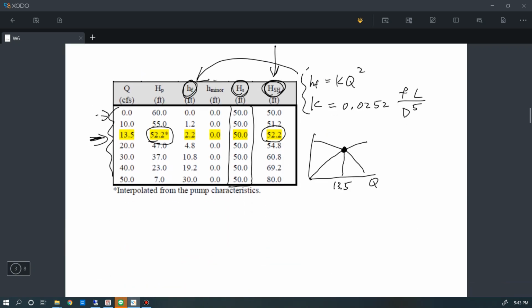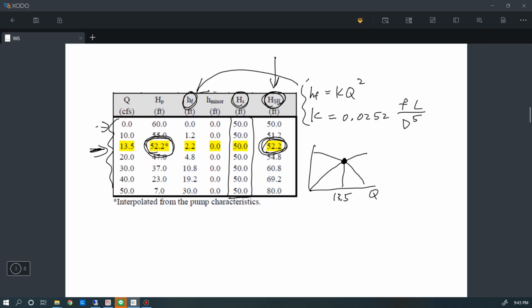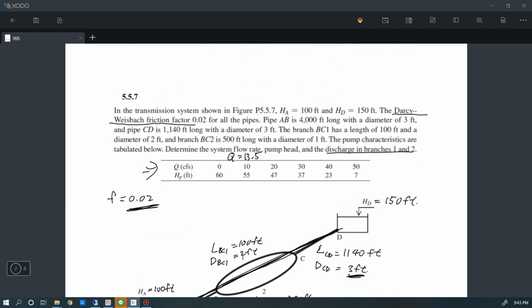And from this table, we already know that the total energy that we need is equal to 52.2 feet. So the pump head is also equal to 52.2 feet.